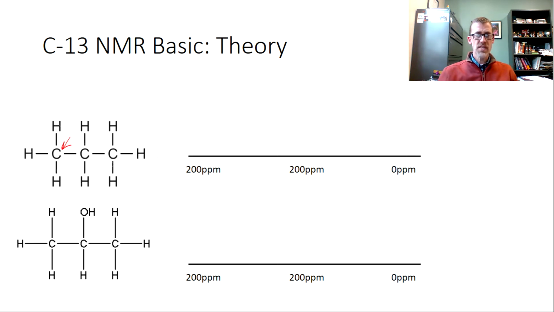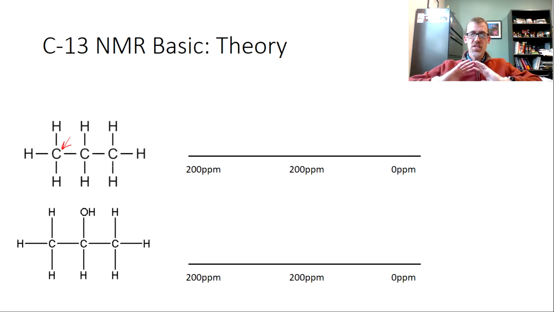Carbon number 1 actually doesn't feel the full strength of the external magnet that it's in, because look around that carbon. That carbon nuclei has its own electron density around it. Those are electrons, they're spinning, they have their own electromagnetic fields. And the hydrogen atoms, they all have nuclei that are around this carbon. There's an adjacent carbon. So there's a lot of atoms and particles around this nuclei. They all have their electromagnetic fields.